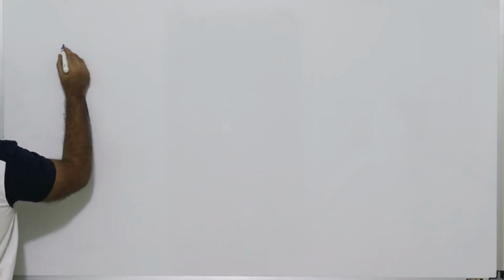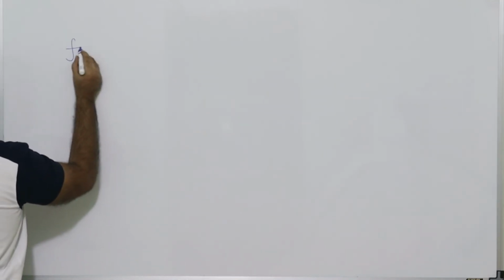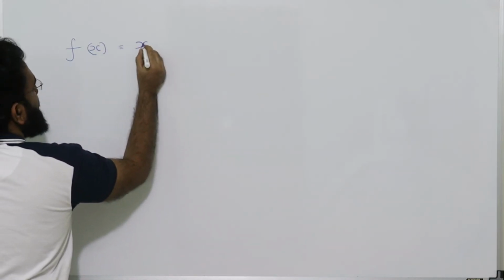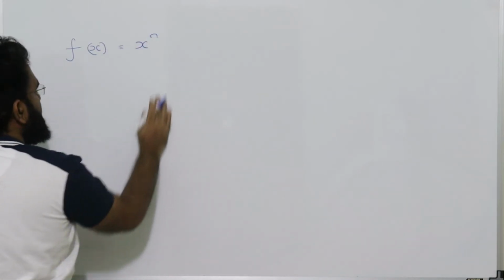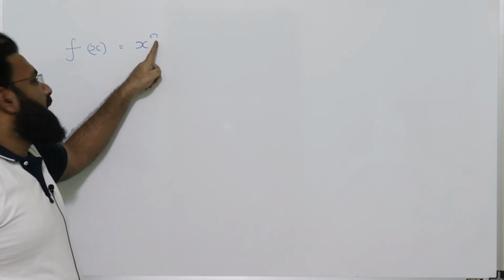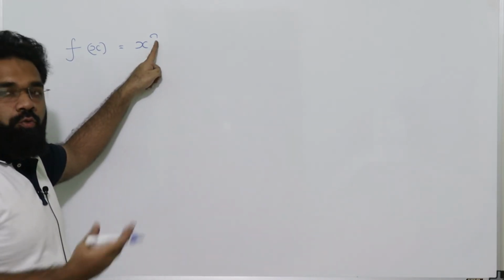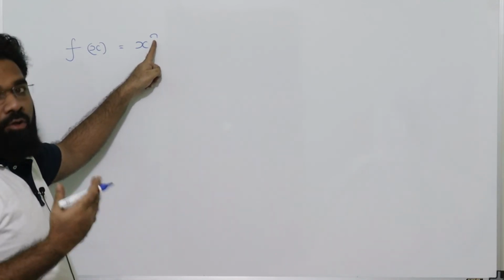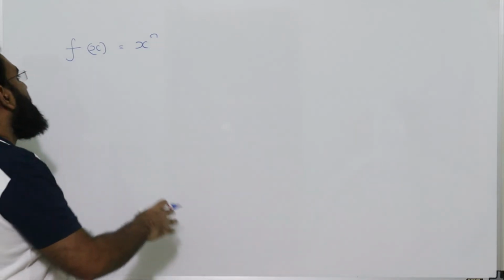See, suppose f of x is equal to x raised to n. In the place of n, 2 can come, 3 can come, 4 can come. It can be square, or cube, or raised to 4.